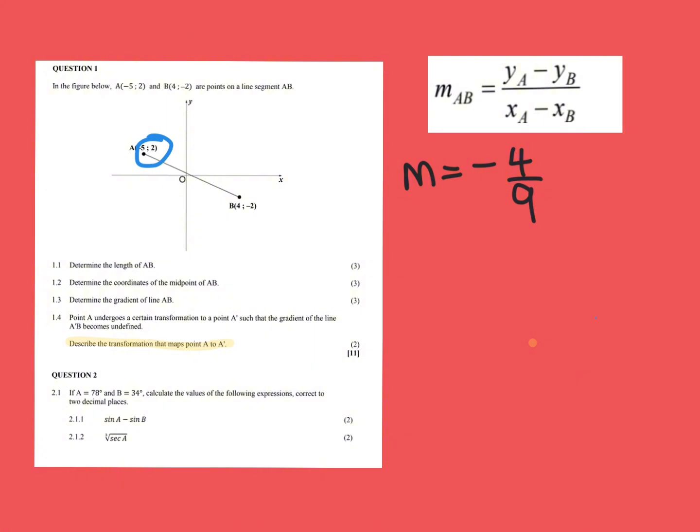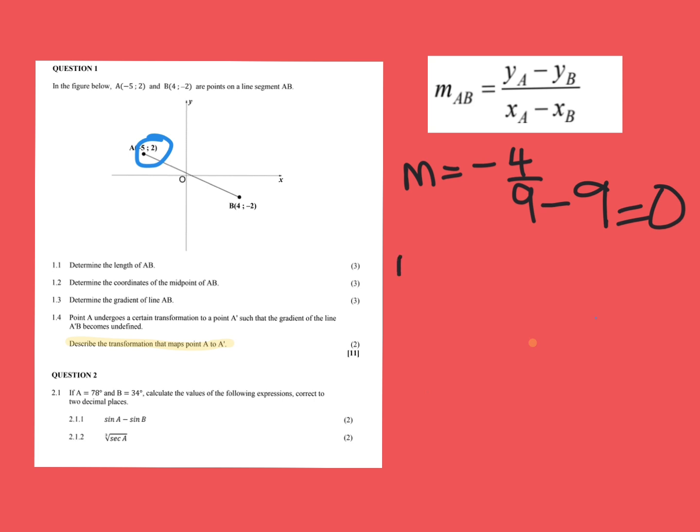So for this gradient to be undefined, the denominator there needs to be 0. So there's a horizontal shift, and it's going to be minus 9. So if it's minus 9 there, we get a 0. The gradient becomes undefined.